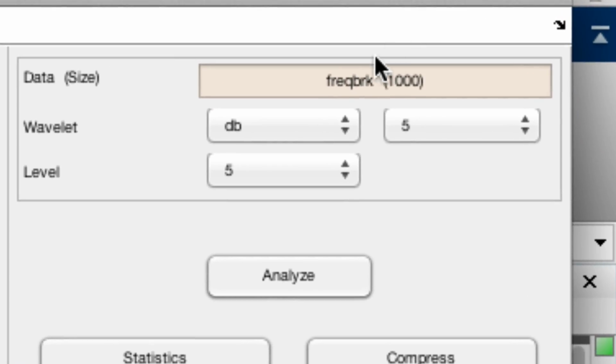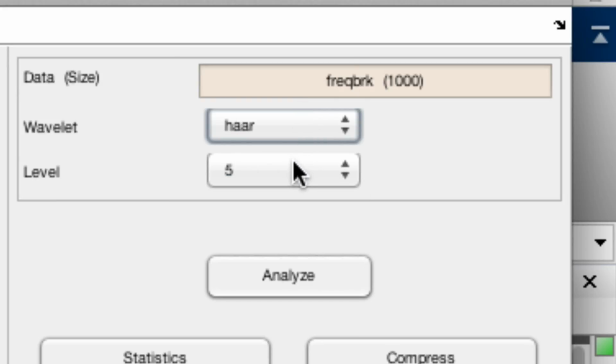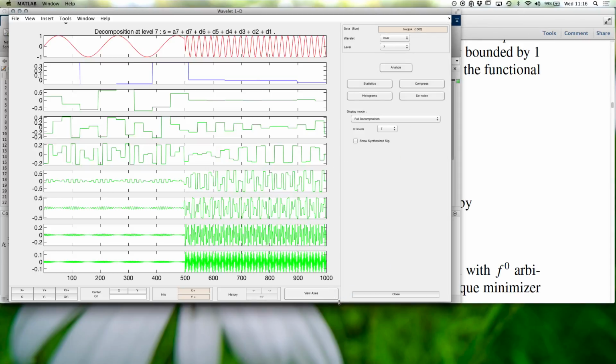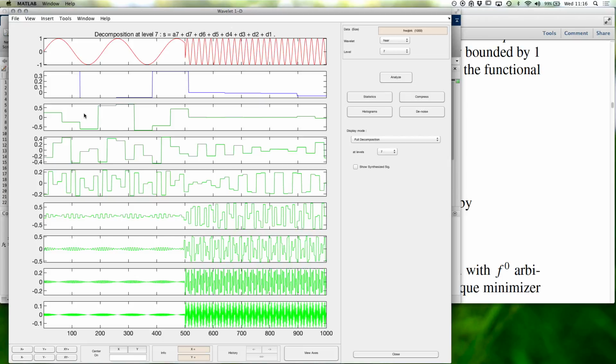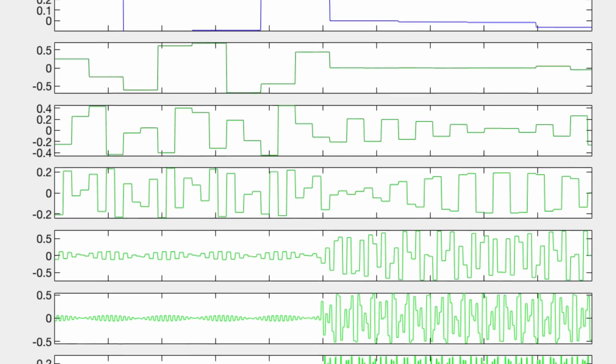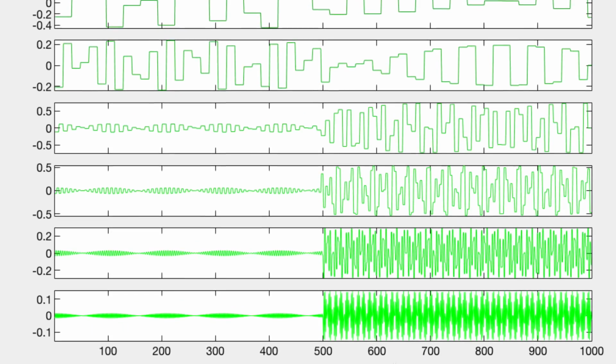Let me again go to this Haar wavelet. Let's do maybe a couple more steps and analyze. So I'm trying to give you an idea how wavelets work. The red here, again, is the original signal, which is first a lower frequency sine and then a higher frequency sine. And now it has been divided into many parts. We could start from the bottom.